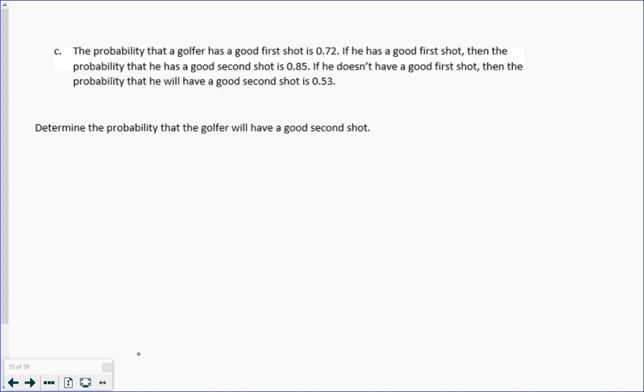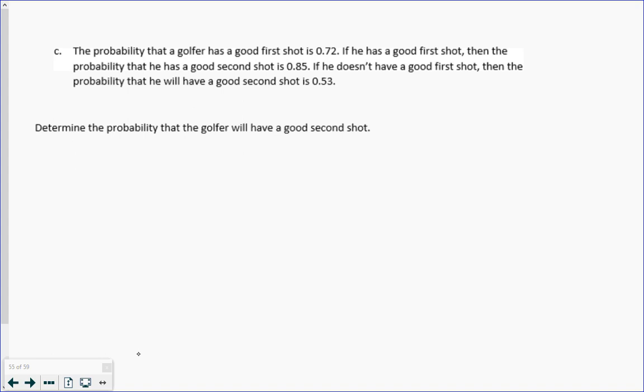The probability that a golfer has a good first shot is 0.72. If he has a good first shot, then the probability he'll have a good second shot is 0.85. If he doesn't have a good first shot, then the probability that he will have a good second shot is 0.53 because he'll get psyched out.